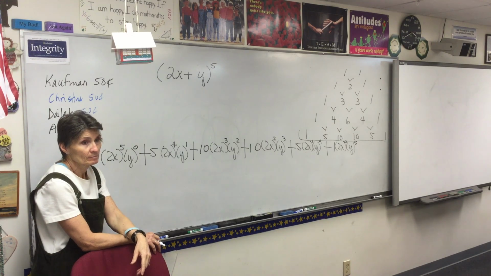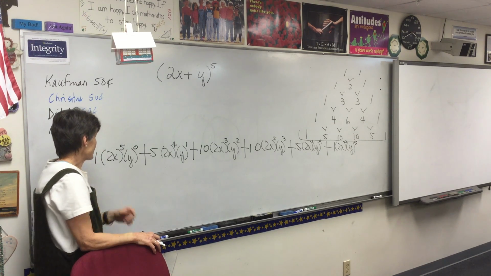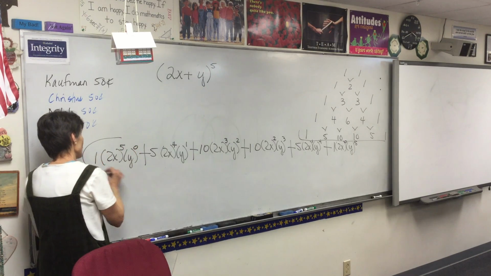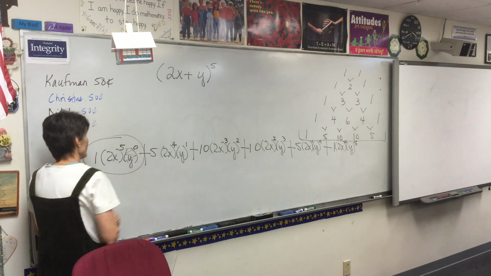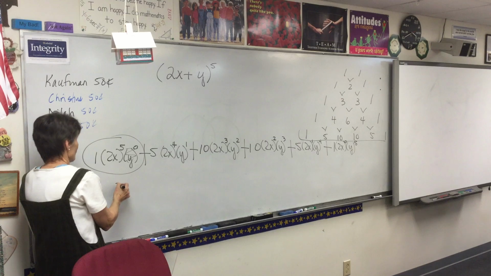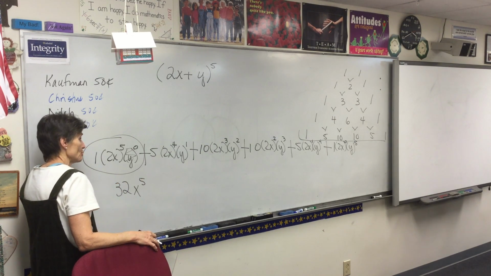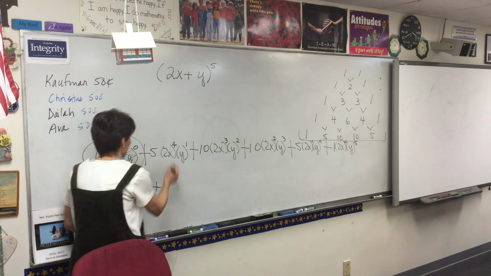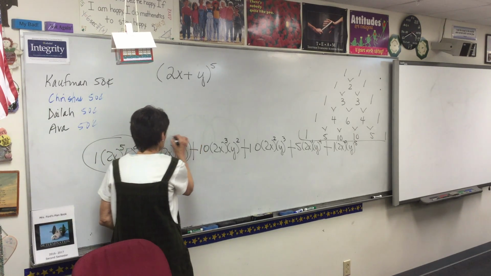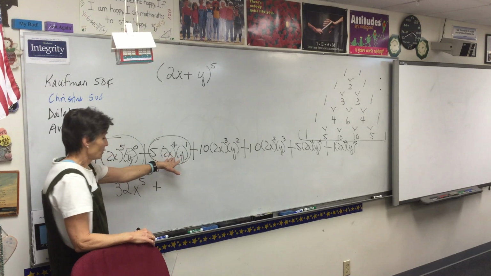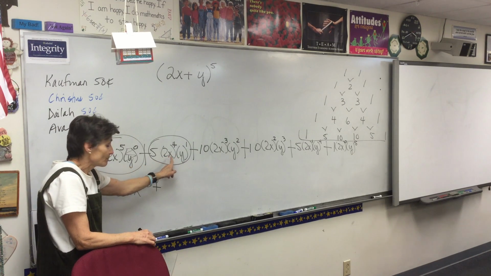That should happen. All right, so let's simplify. What's this first term? Remember, anything to the 0 is 1. 32 x to the 5th. Very good, 2 to the 5th is 32. Plus, now I'm timesing all of this. What's that right there? 16.